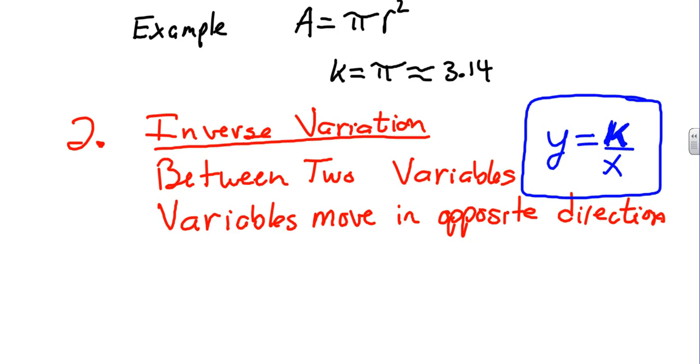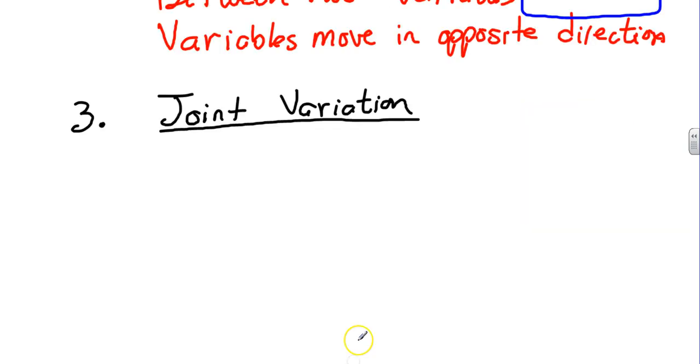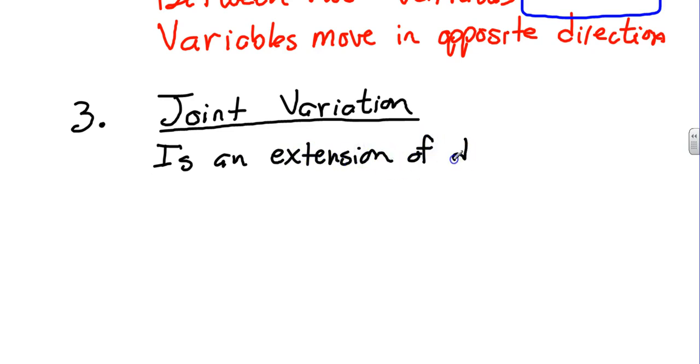And then the third type is joint variation. And joint variation is basically just an extension of direct variation. Now it is and it's not.